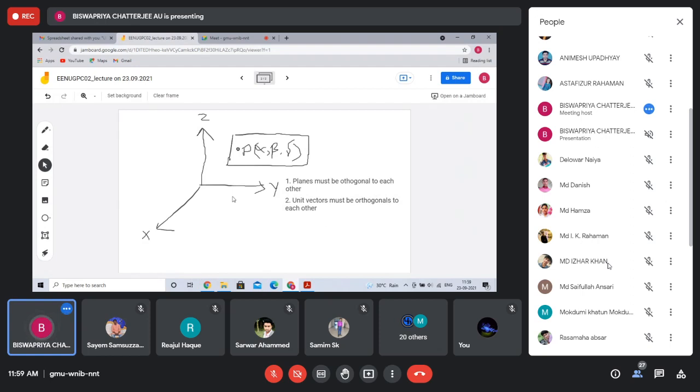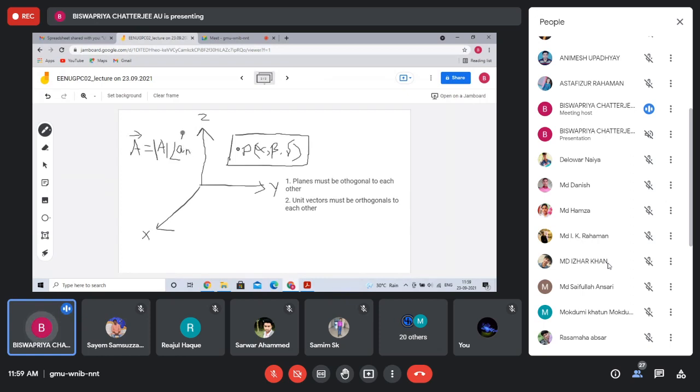If you have any vector A, it has two components. One is magnitude, another one is direction.